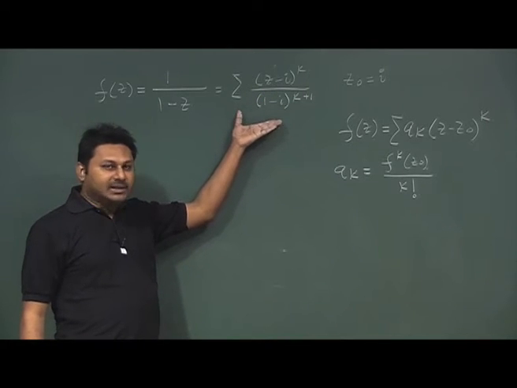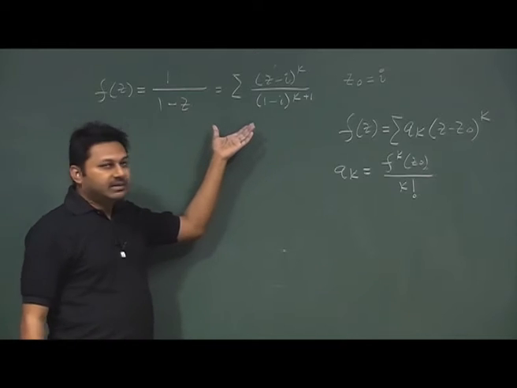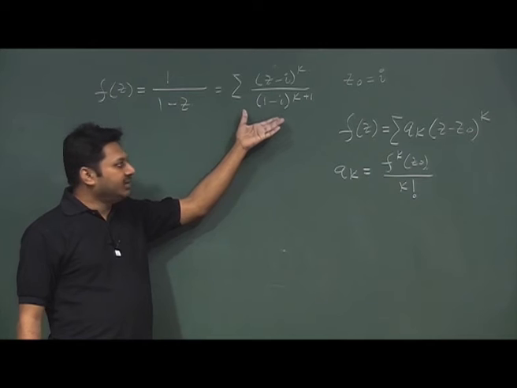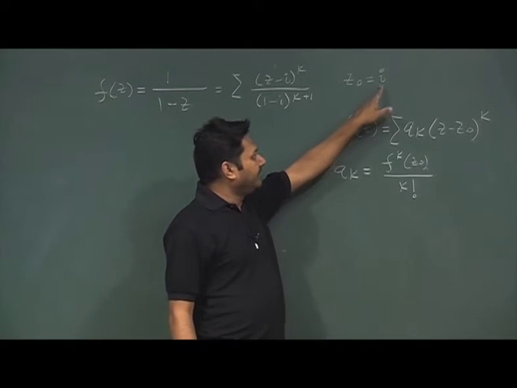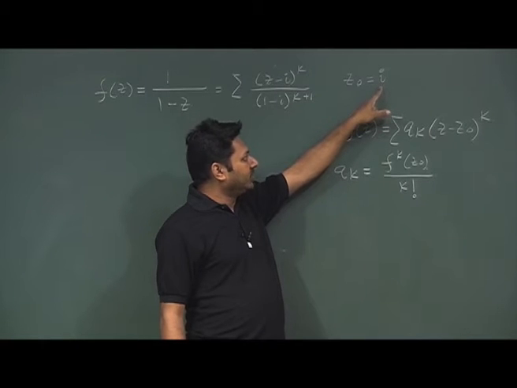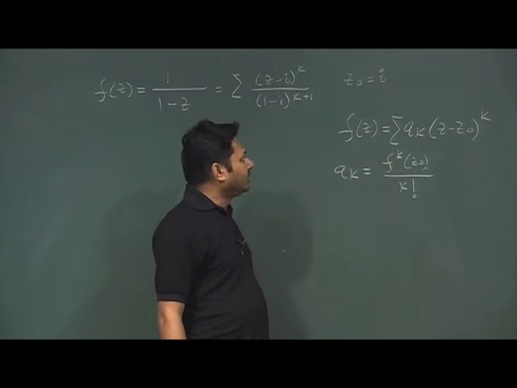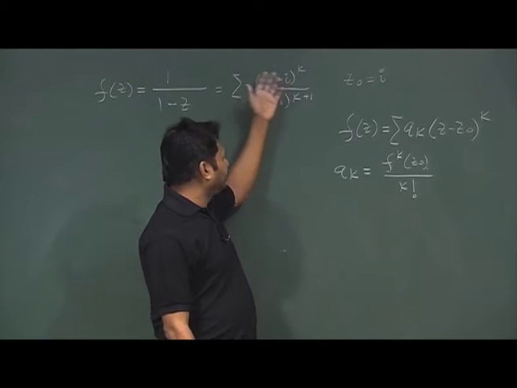We also found the radius of convergence of that series, and the radius of convergence is √2. So, if I make a circle around the point i with a radius √2, then that is the region of convergence of this particular series.